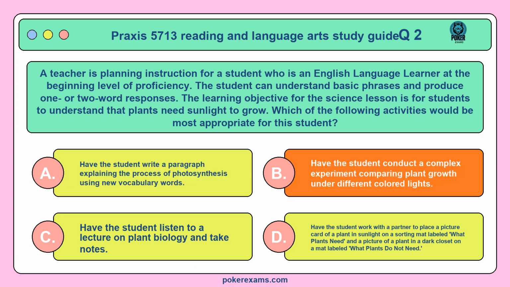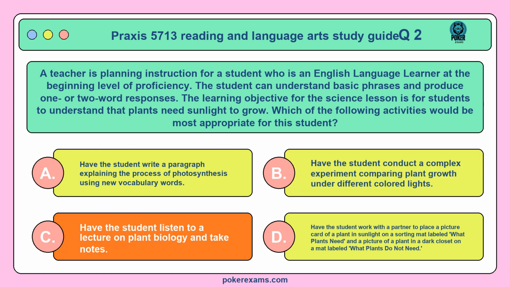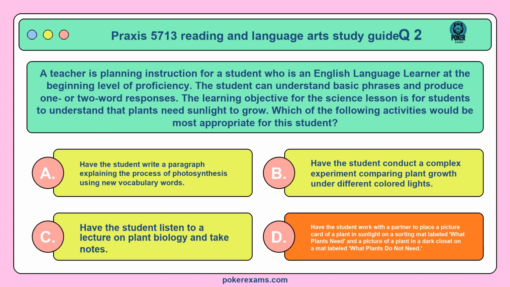B. Have the student conduct a complex experiment comparing plant growth under different colored lights. C. Have the student listen to a lecture on plant biology and take notes. Or D. Have the student work with a partner to place a picture card of a plant in sunlight on a sorting mat labeled What Plants Need, and a picture of a plant in a dark closet on a mat labeled What Plants Do Not Need.